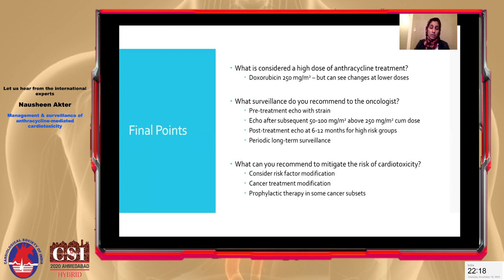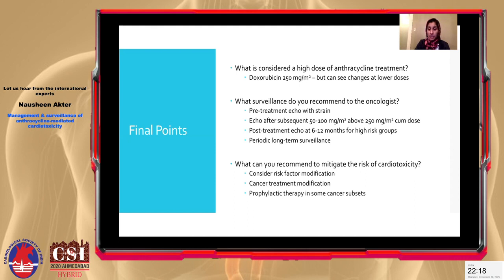If a patient exceeds that, we should be surveilling them very closely. Post-treatment, an echo should be obtained within 6 to 12 months for patients who are considered high risk for cardiotoxicity, and periodic long-term surveillance is also recommended by ESMO.